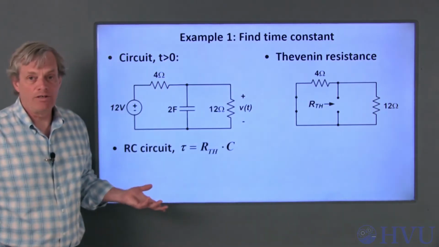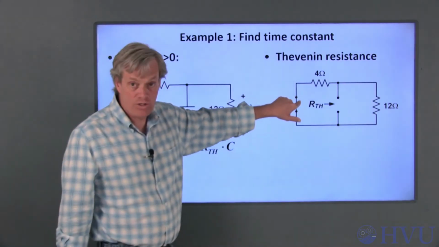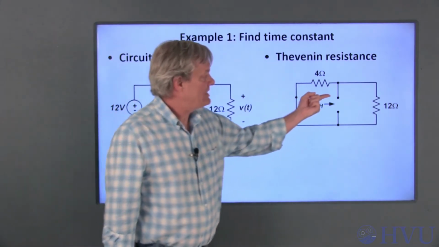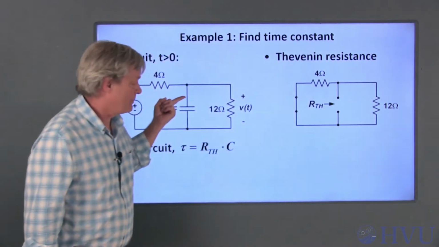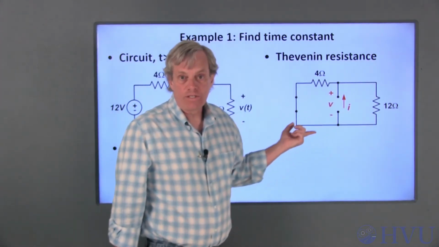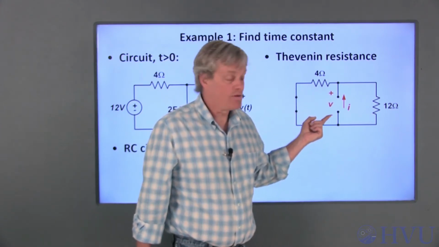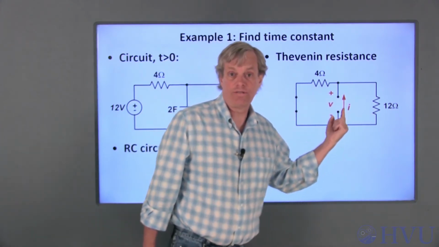To determine the Thevenin resistance, kill the independent sources, so this voltage source becomes a short circuit, and determine the resistance seen across the capacitor terminals. Remember that these terminals are not an open circuit here. We're looking for a relationship between the voltage across the terminals and a current through the terminals.